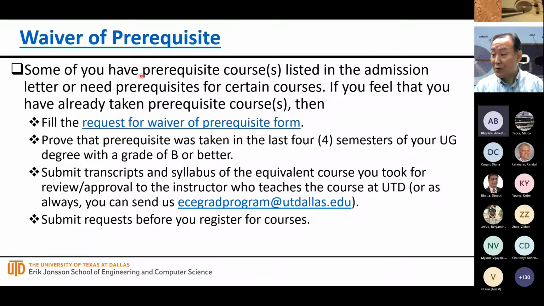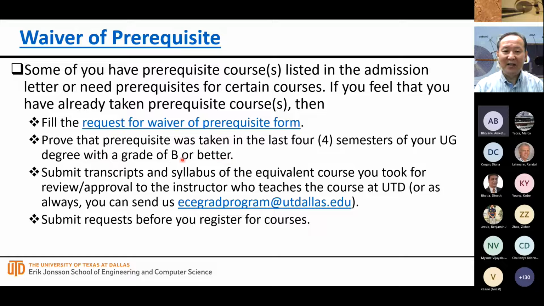Some students have prerequisites listed in their admission letter, or even though it is not listed in your admission letter, certain courses have prerequisites. And if you feel that, oh, I already took this course, why is it listed here, then you can fill out this request for waiver form and prove that the prerequisite was taken in the last 4 semesters of your undergraduate degree with a grade of B or better.